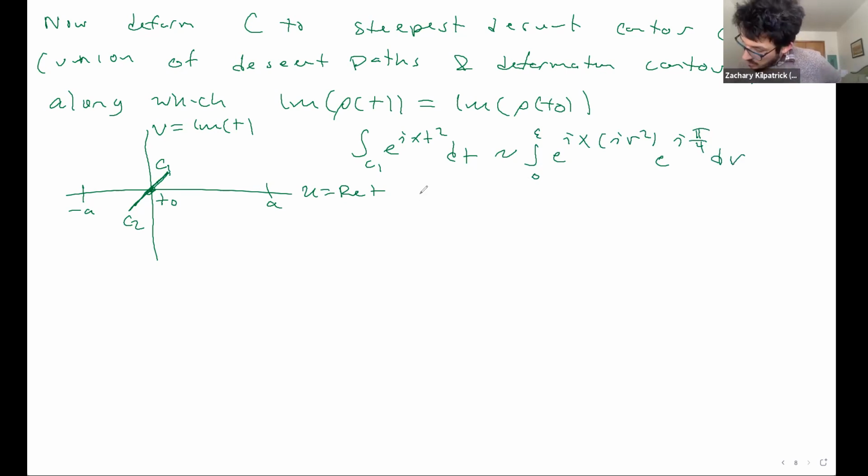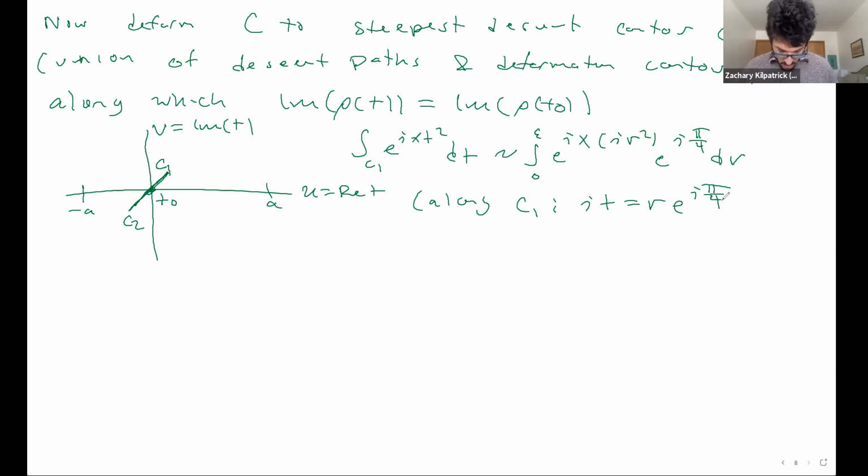So what have we done? Well, along C1, we've used that IT is equal to R e to the I pi over 4, right?